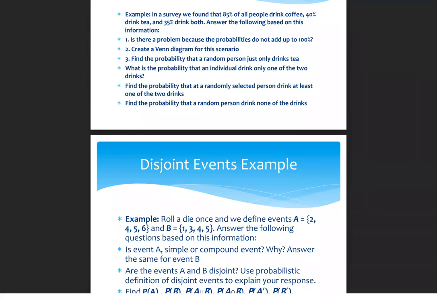So we have the following scenario. We have tea drinkers and coffee drinkers. So let's say this is your coffee drinkers, 85%. And there's an overlap also.